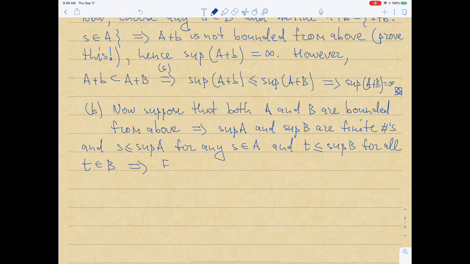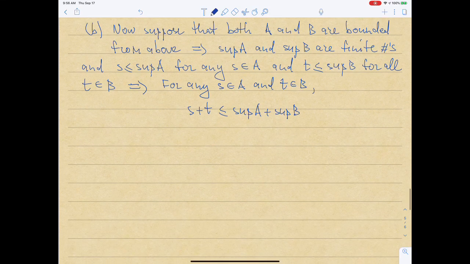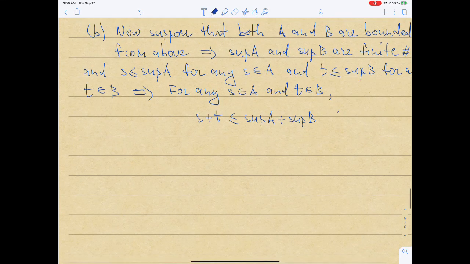And so, if I choose any S in A and T in B, it follows that S plus T must be less or equal than supremum of A plus supremum of B. Or what does it mean?